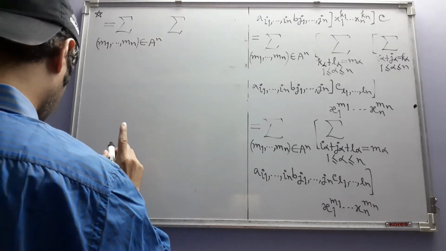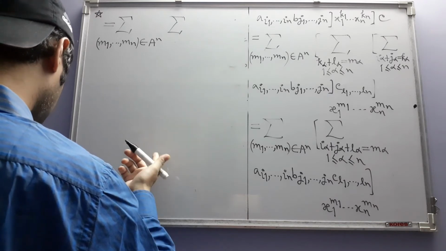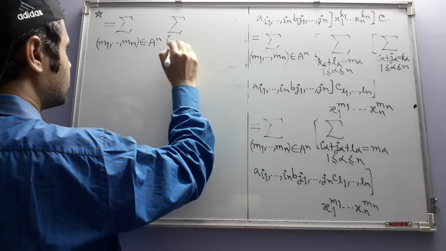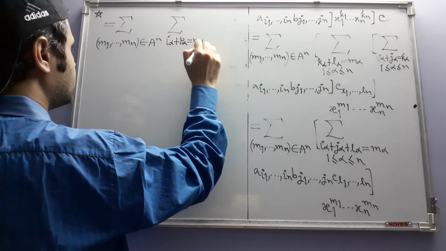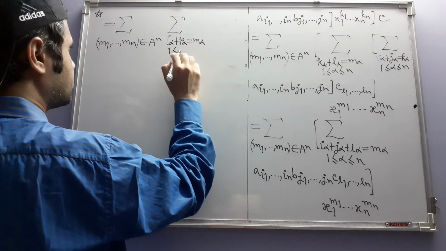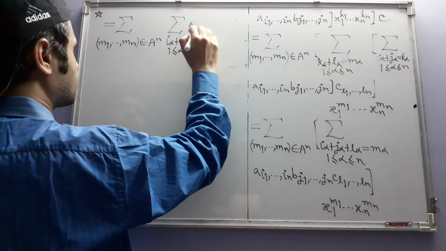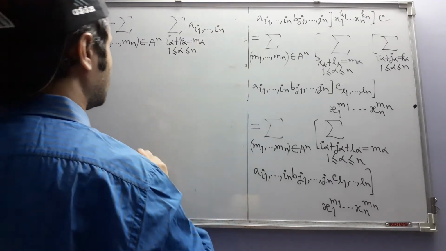summation I alpha plus P alpha. Yes, we can call it P alpha. I alpha plus P alpha equal to M alpha. Alpha varies from 1 to n.